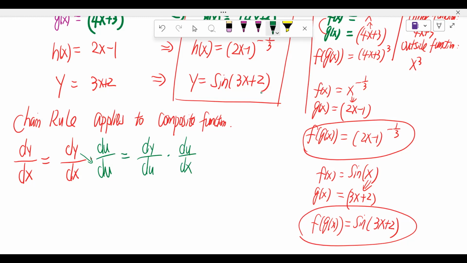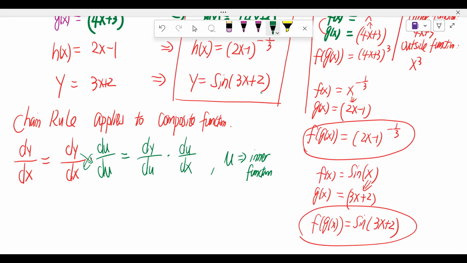And here, the thing I created is called an inner function. The u here is what we call the inner function. So basically, we differentiate in two parts, right? We differentiate the function with respect to the inner function u, and we differentiate the inner function with respect to x. So the chain rule has two steps.